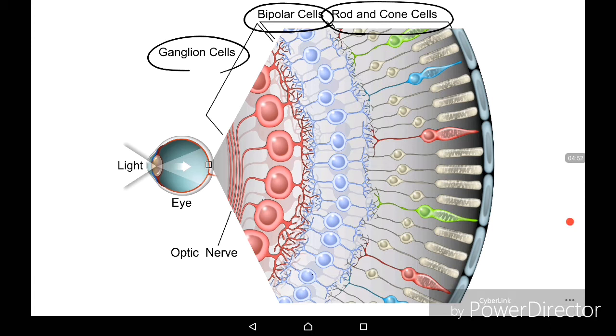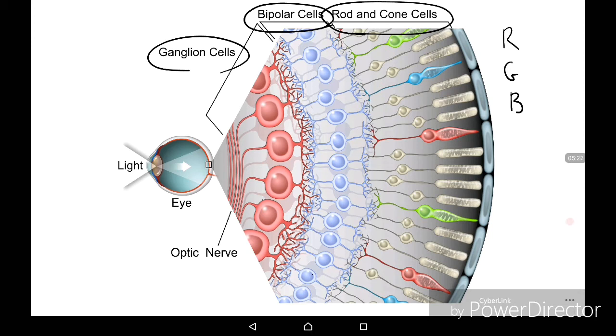We have three types of cones for color vision. We have cones for R, G, and B: red, green, and blue color. By mixing these colors, we may see many billions of colors of surrounding objects.